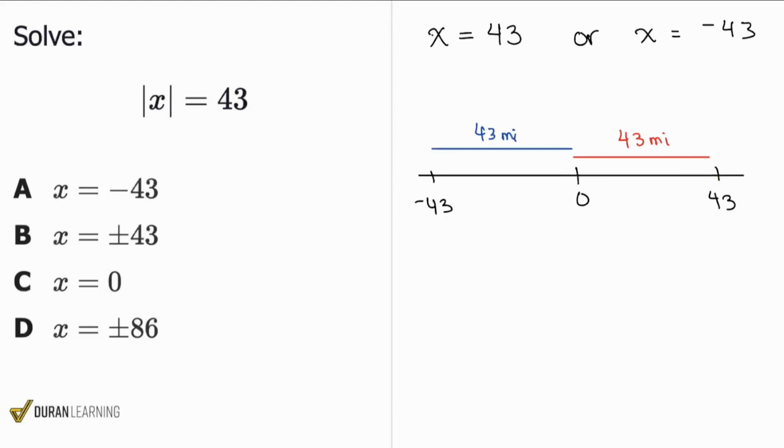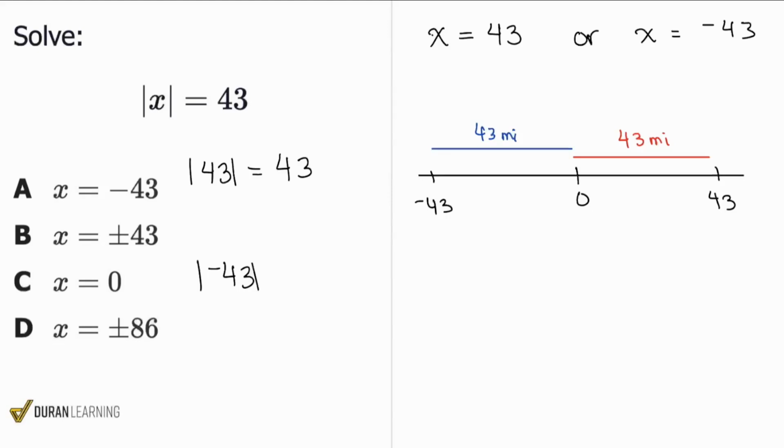So just to prove everything, let me just go ahead and show you. If I plug in positive 43 for the absolute value, yeah, that is indeed 43, because that's just taking away the sign, never had a negative to begin with. And then second, we have the absolute value of negative 43, and that's just, again, asking for the distance from 0. And if that's too much to remember, just think about it like this.